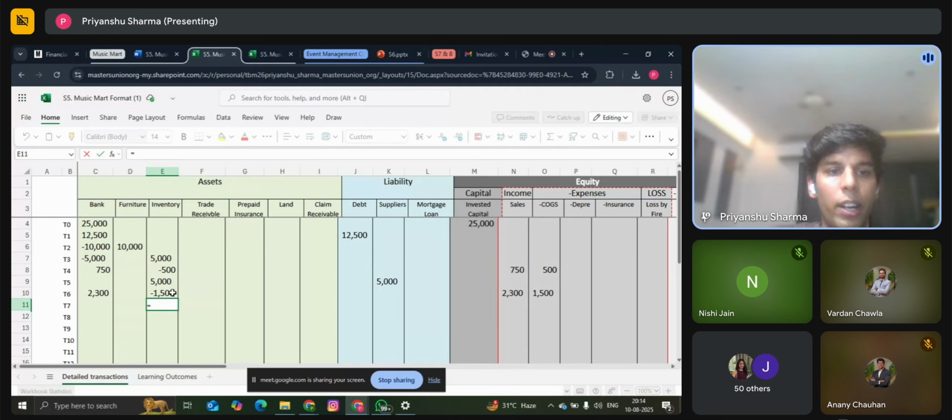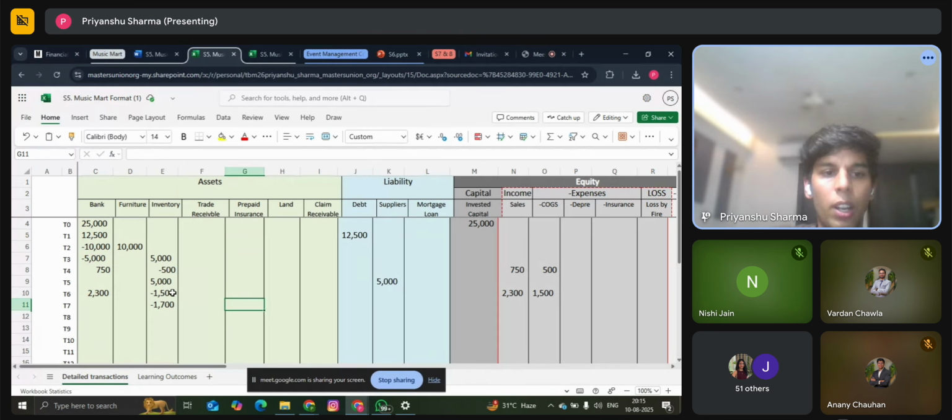Since the merchandise costed us $1,700, I'll record that first. Inside the inventory, since the inventory was with us and we've sold it, minus 1,700 comes here. We're not recording this transaction under the bank head because there is no cash transaction involved as of yet. The customer is willing to pay 1 month from now, so that will come inside trade receivable. Trade receivable is a head where you record all the entries for which, in the shorter run, you are about to get that money.